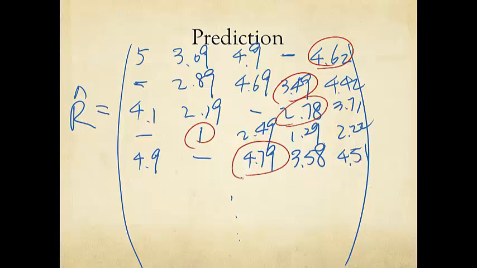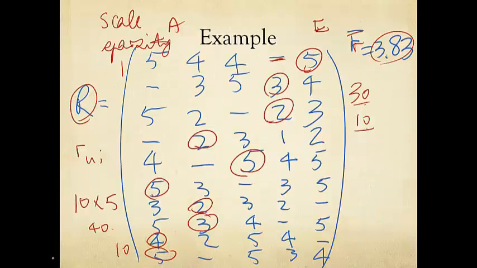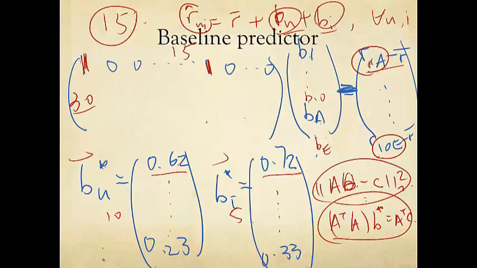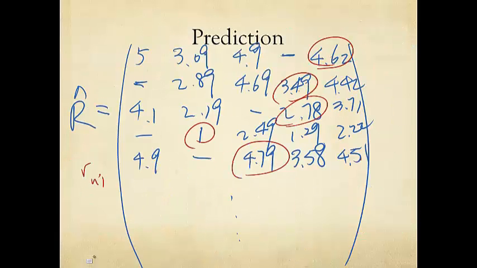Let's compare with the actual data R_ui for, say, these 5 out of the 10. What do we have here? We have 5, 3, 2, 2, 5. Those are the actual R_ui that we were hiding from ourselves.